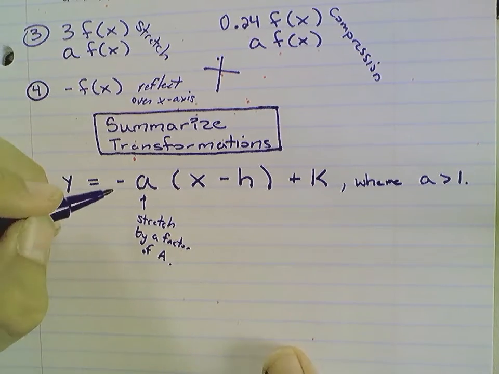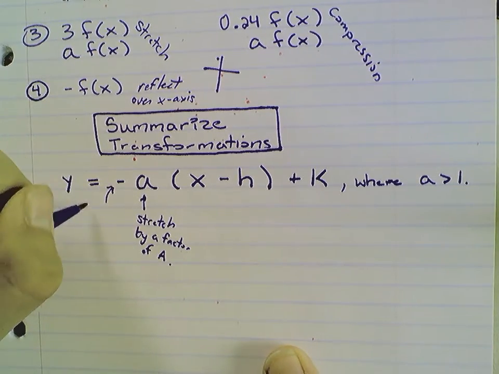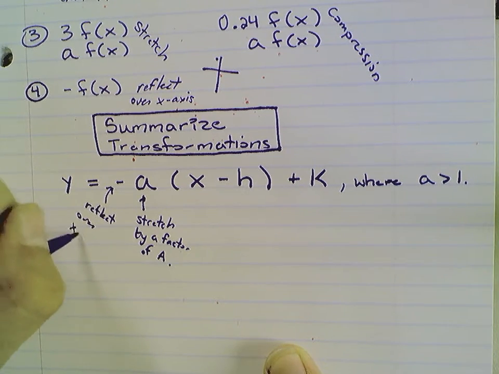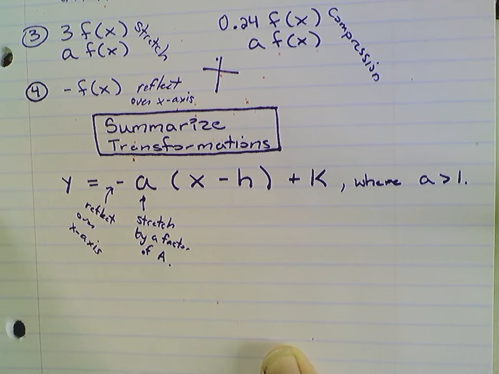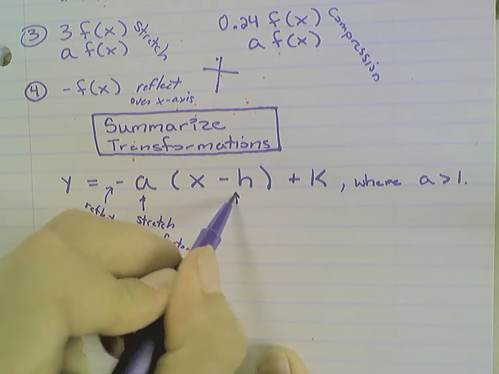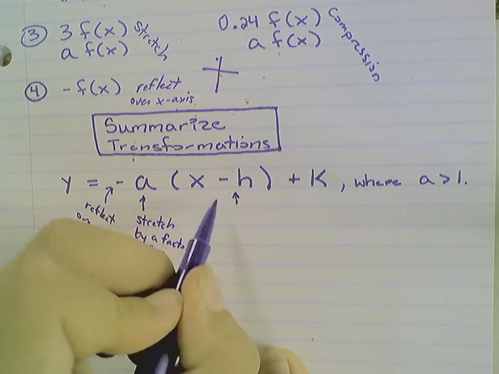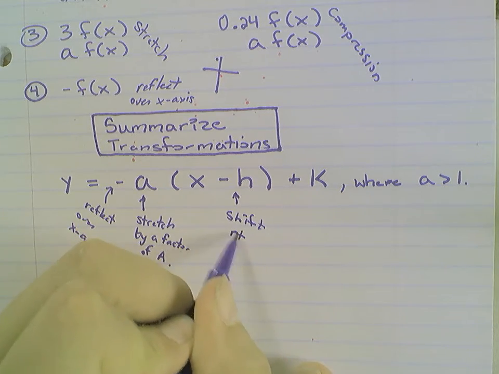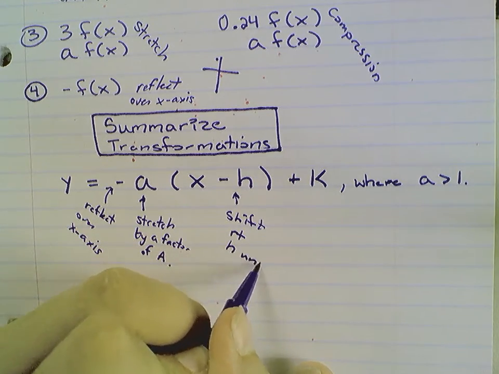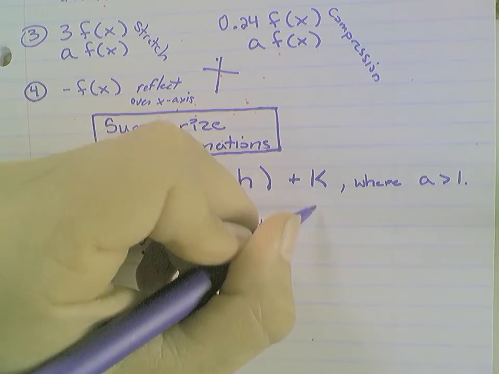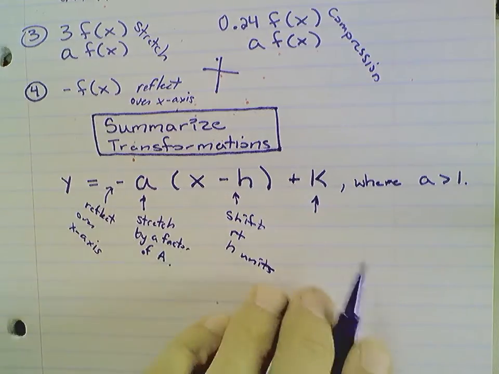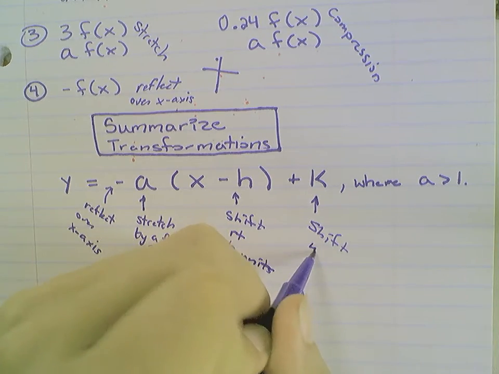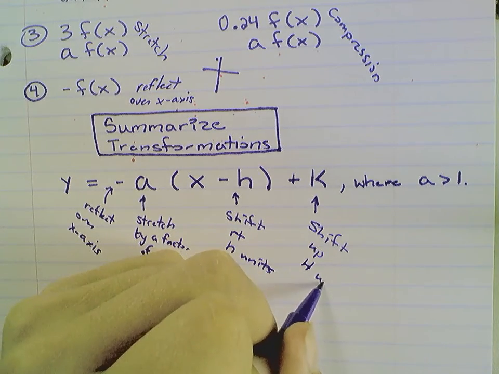The negative, once again, is going to reflect over the x-axis. The negative h does the opposite because it's on the inside, so that's really going to shift right h units. And then the k is positive and it's on the outside, so that's going to shift me up k units.